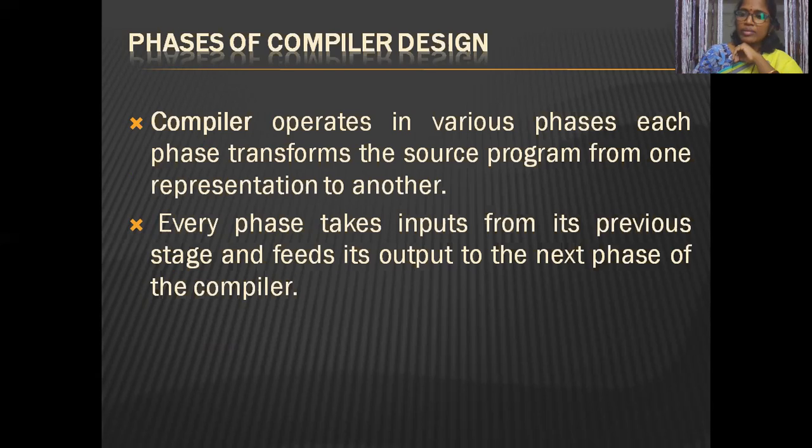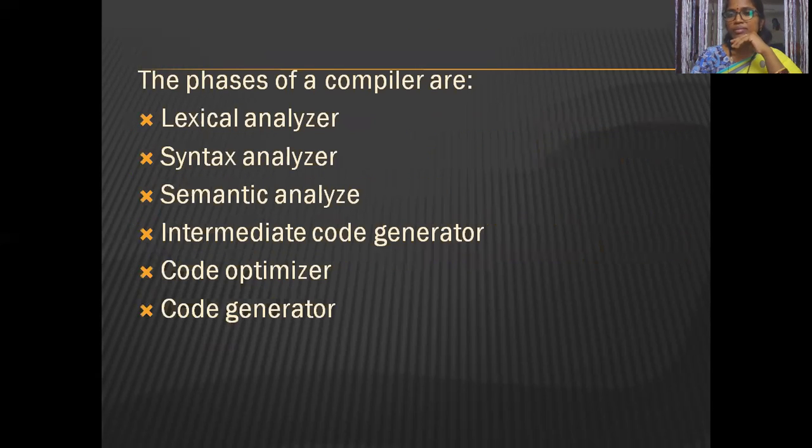Let's see the different phases: lexical analyzer, syntax analyzer, semantic analyzer, intermediate code generator, code optimizer, and code generator. These are the different phases involved in the compilation process.